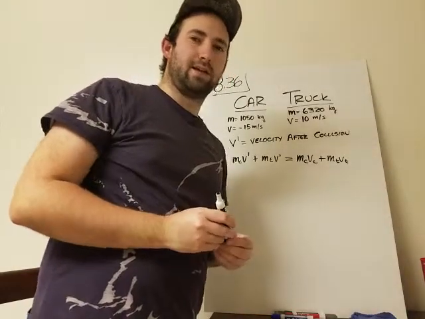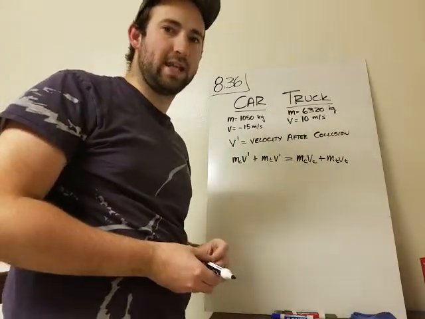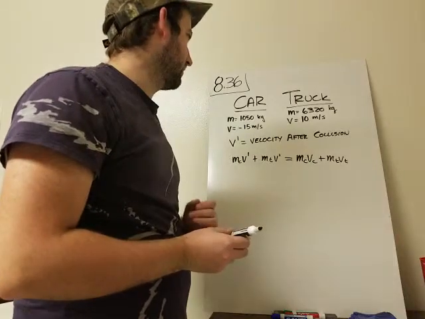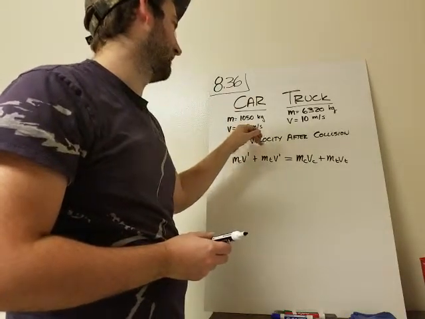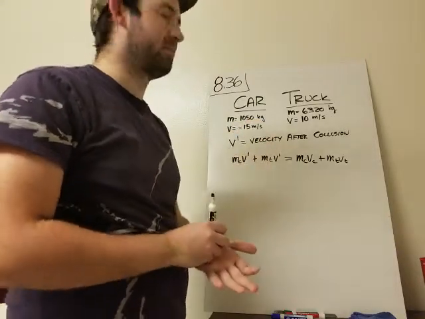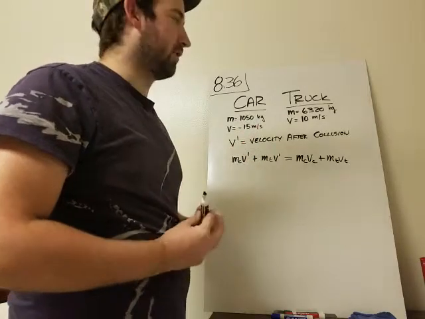Hi everyone. This is a video solution for question number 36 from chapter 8. This problem has to do with a car that's traveling west, so I put a negative in front of its 15 meter per second velocity, with a mass of 1,050 kilograms.